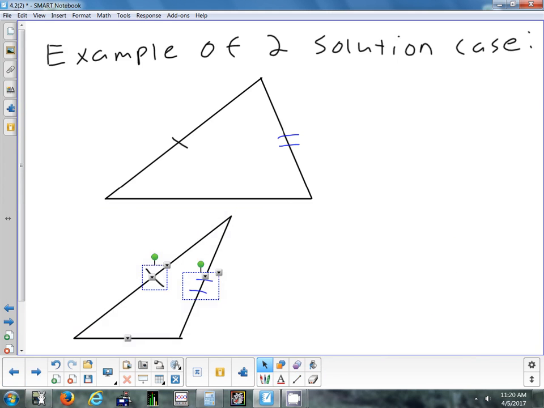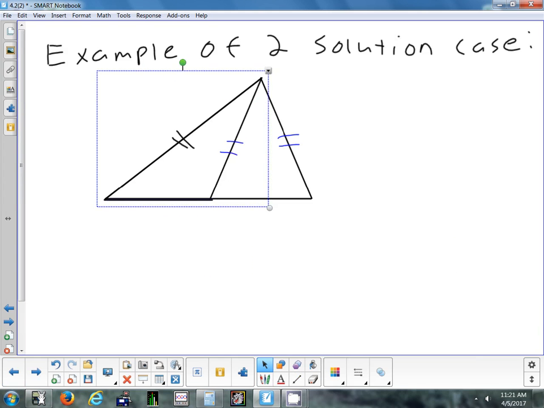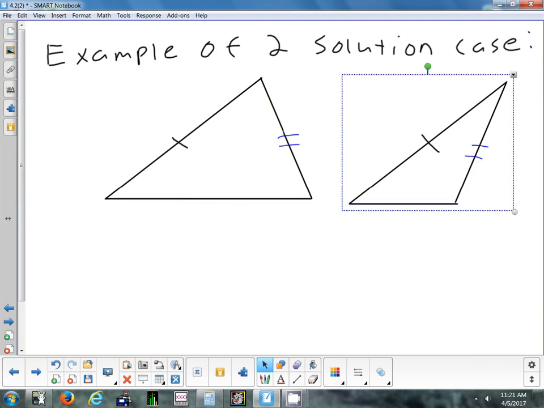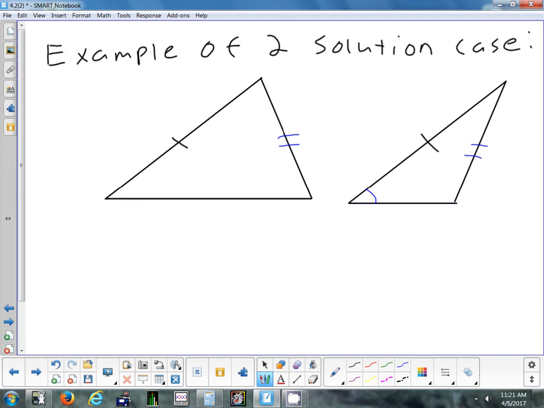Okay, and I'm going to group this together and then drag it up so you can see which angle I kept exactly the same. I kept that angle in the lower left exactly the same. So there's two different triangles that have two sides exactly the same length, an angle exactly the same measure, but they're different drawings.